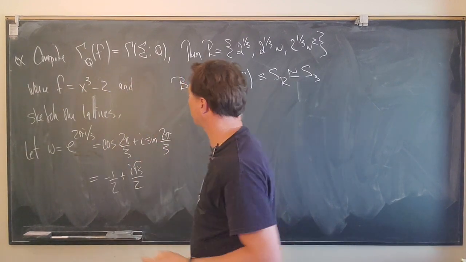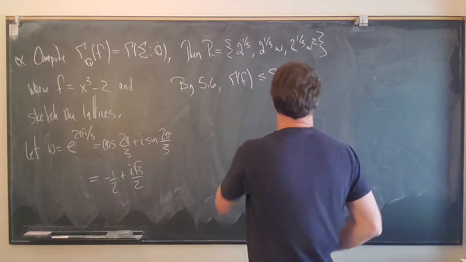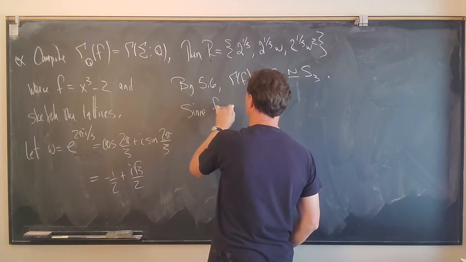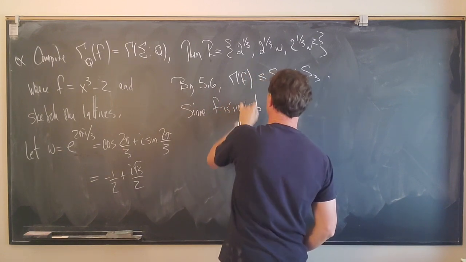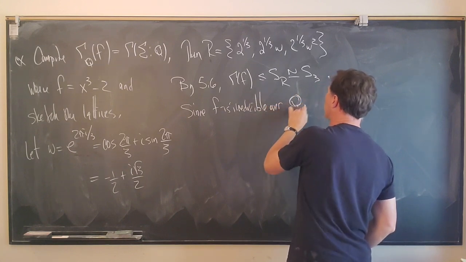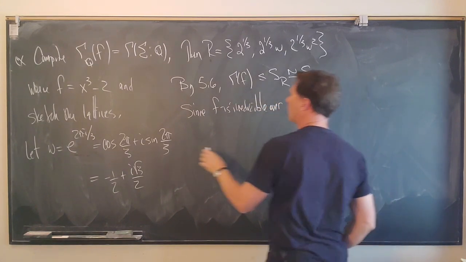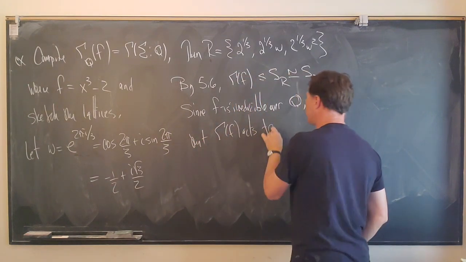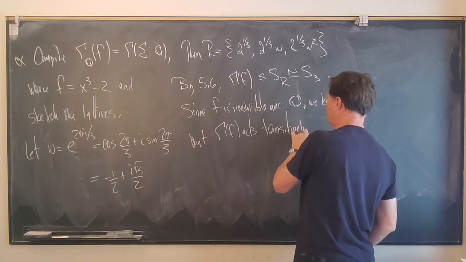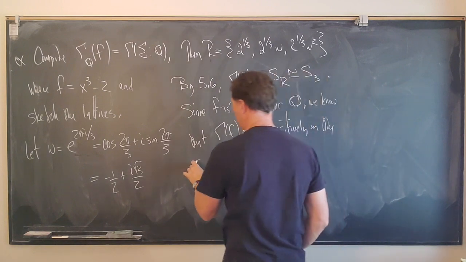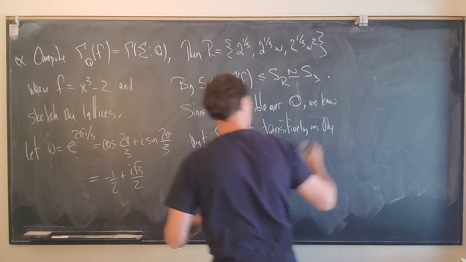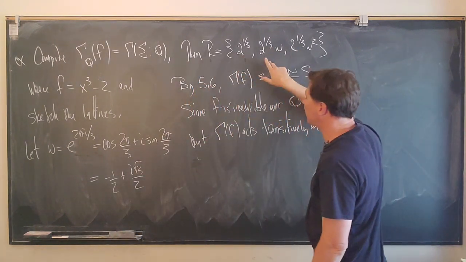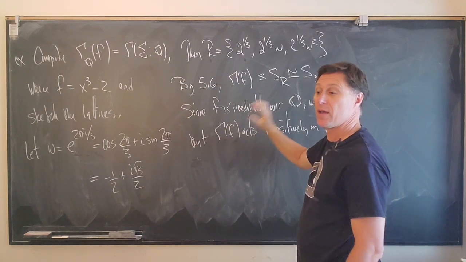This polynomial, by Eisenstein or whatever you like, is irreducible over Q. So since f is irreducible over Q, we know that Gamma of f acts transitively on capital R. Given any two elements in here, there will be an element of Gamma of f that takes one to the other.